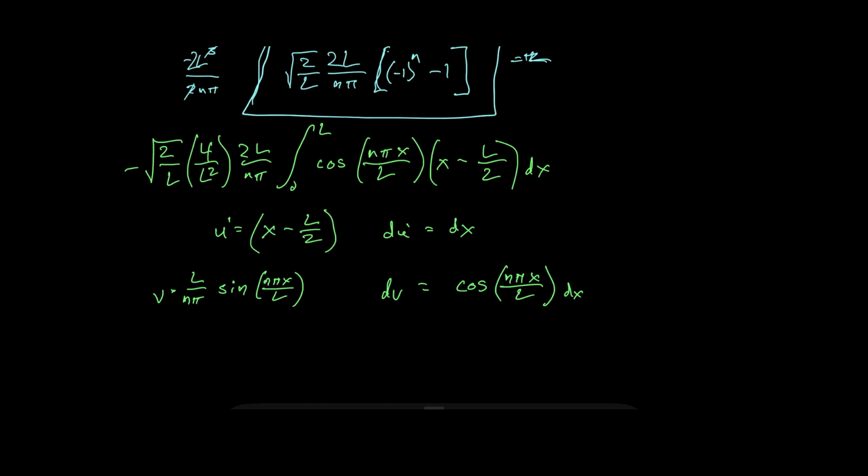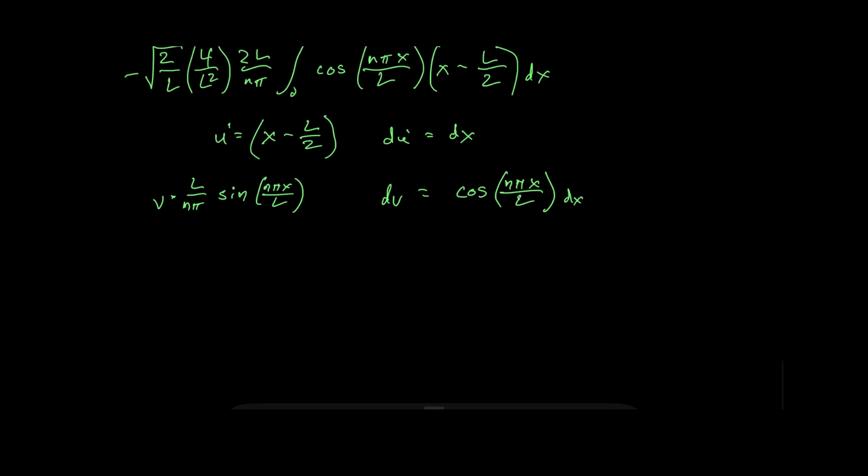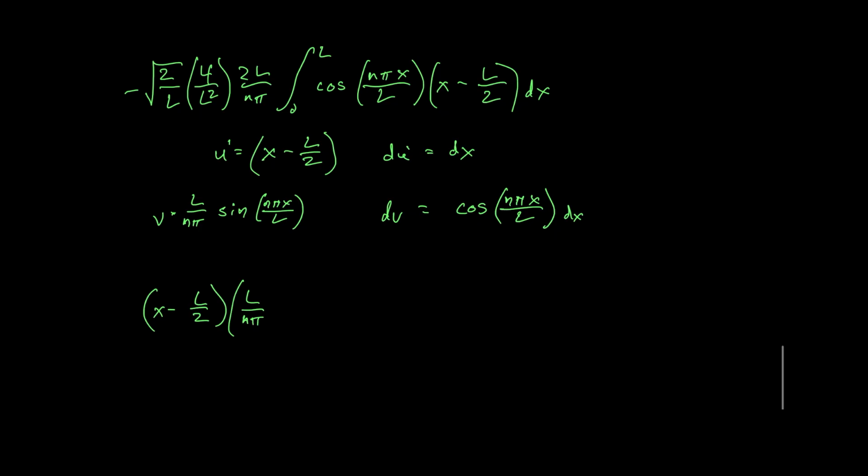And I just write that down. We have u times v: x minus L over 2 times L over n pi sine n pi x over L, evaluated at L and 0. Don't forget we have these factors here.